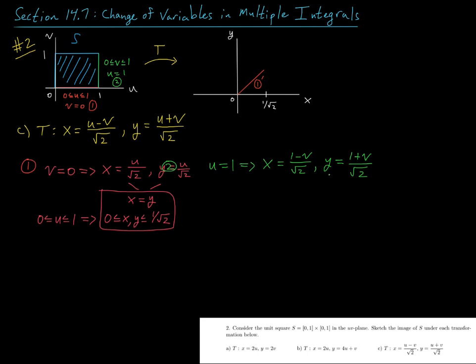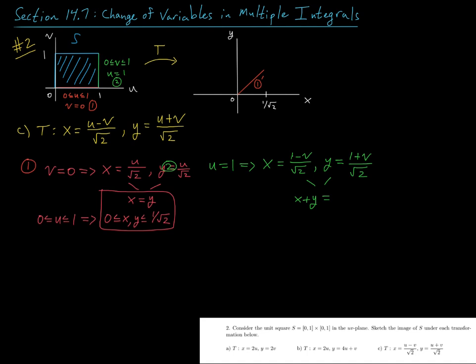Okay, so we could go ahead and solve for v in one of the equations and then substitute in. That'd be perfectly fine. But I think it's a little bit simpler here, just given the forms of these expressions for x and y, to add them up. If you add x and y here, notice the minus v over root 2 and the positive v over root 2 are going to cancel out.